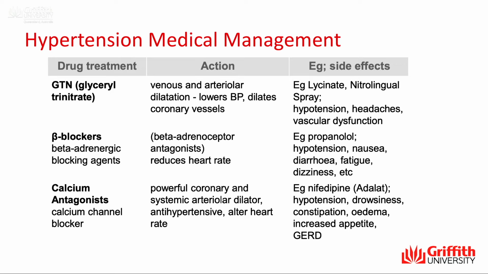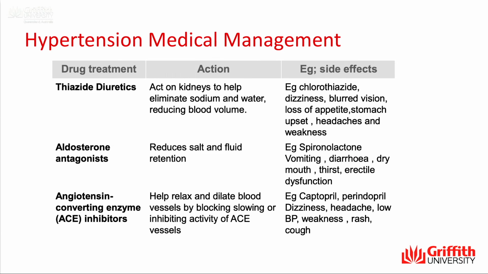So these are just a few drugs that I want you to know, and keep in mind that you might see these when treating someone with hypertension in a clinical setting. Continuing on, less likely but still happens, diuretics, which act on the kidneys to help eliminate salt and water, reducing the blood volume, which in turn will reduce the blood pressure.